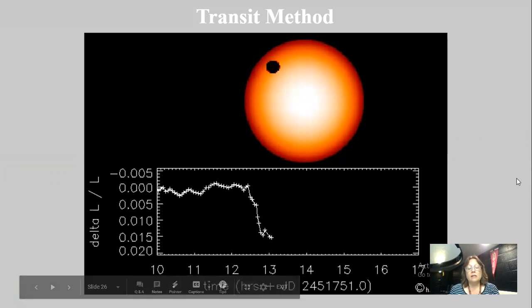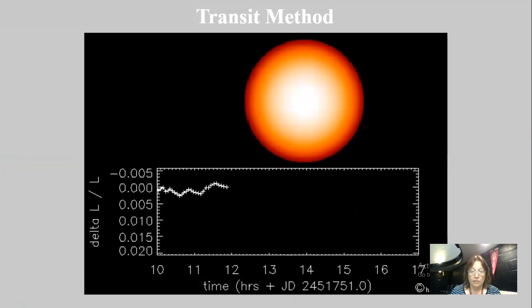This is the type of data that scientists receive when they're examining the light from the star. They can't actually see the planet moving in front of the star. They have instruments that detect the light output, and the data is converted into graphs like the one you see on the bottom of the screen. If you watch the graph in relation to where the planet is on the star, you can see that as the planet moves across the edge of the star, the brightness graph dips dramatically.